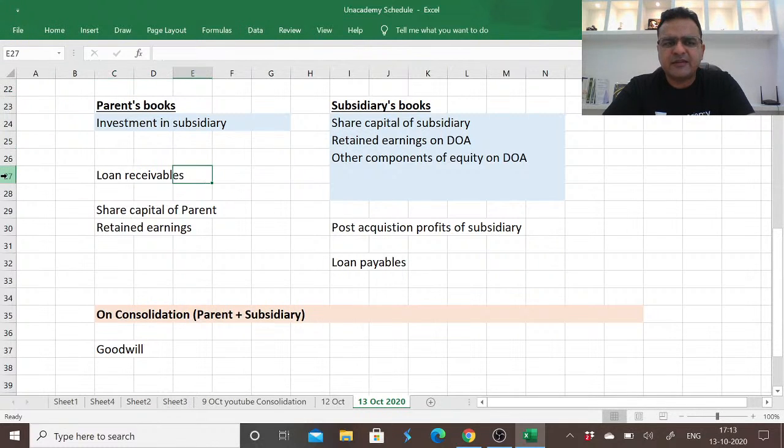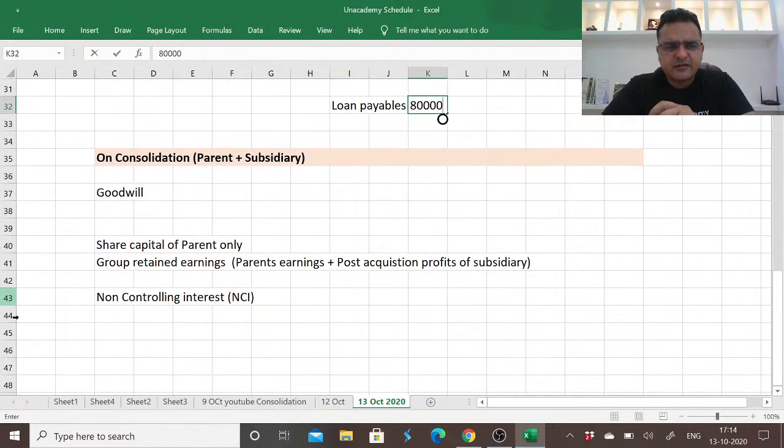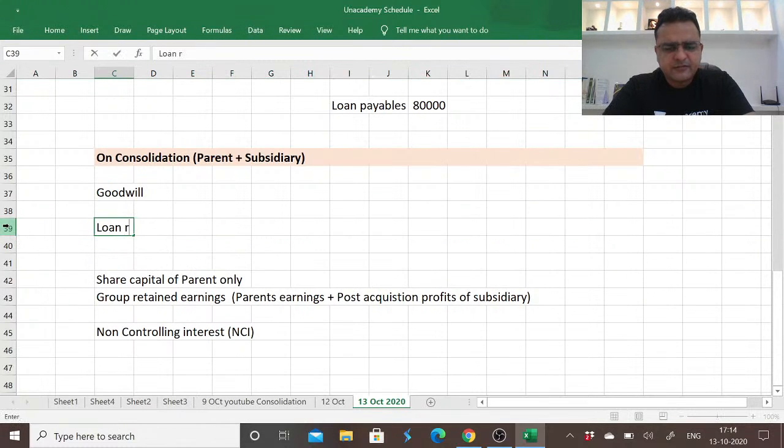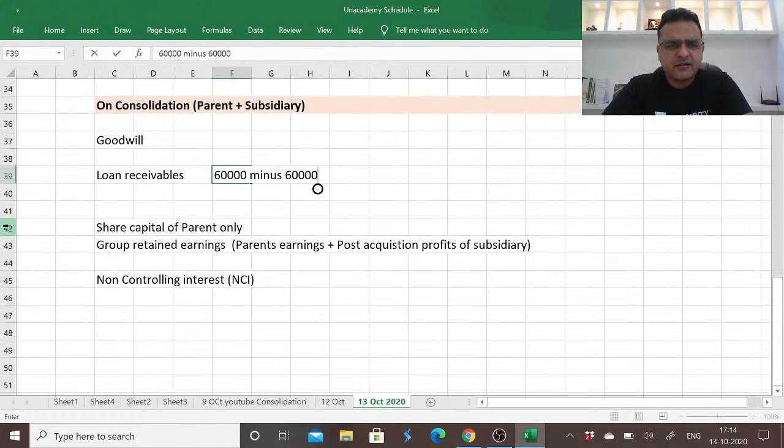Loan receivable is say 60,000 and loan payable is 80,000, so they may be liable to pay 20,000 to some other parties. When they present on consolidation, the presentation is loan receivables. If it is presented at 60,000, we'll present minus 60,000, eliminated on the debit side.